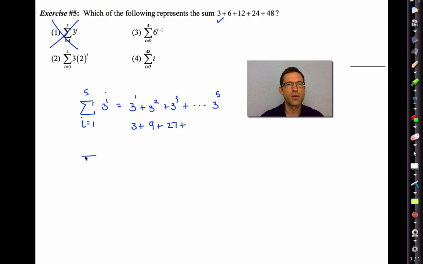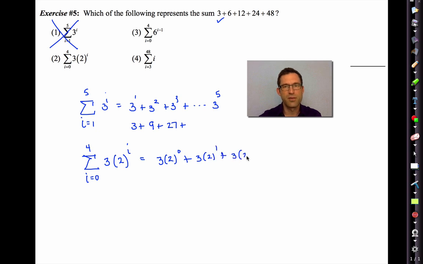Let's try this one. The summation of I equals 0 to 4 of 3 times 2 to the I. Well, let's try that. That would be 3 times 2 to the 0 plus 3 times 2 to the first plus 3 times 2 to the second, etc. Now don't forget your order of operations.